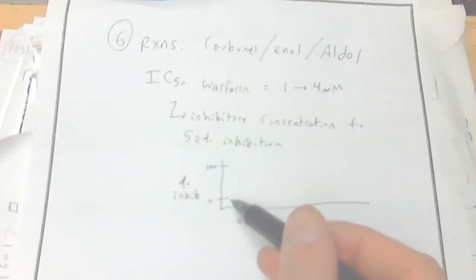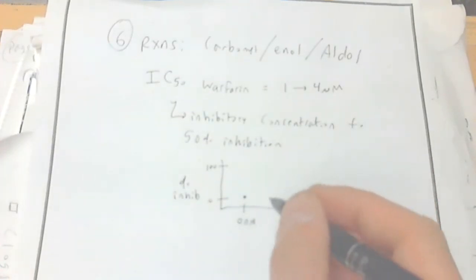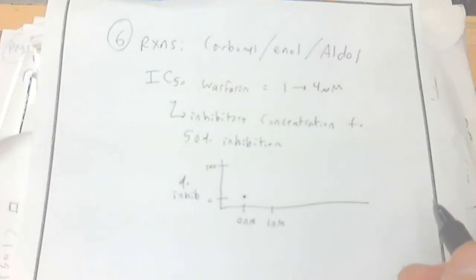All right, so let's imagine I have 0 nanomolar of drug. Would you expect that to have much of an effect? Probably not very much, right? So we might expect 0% inhibition. Then we add maybe 1 nanomolar, and maybe that has a tiny bit of an effect.